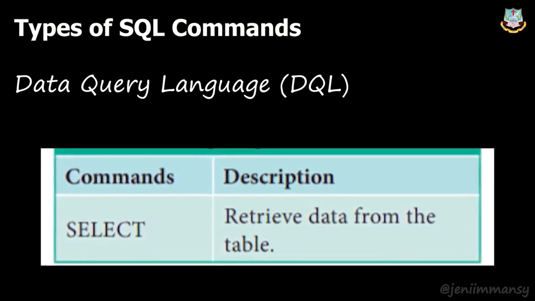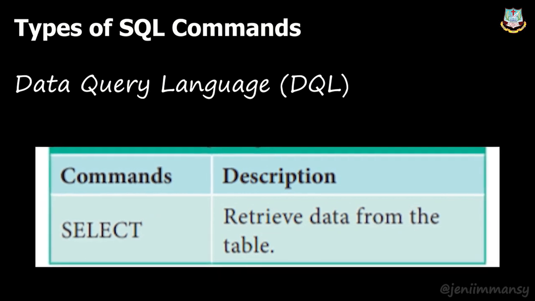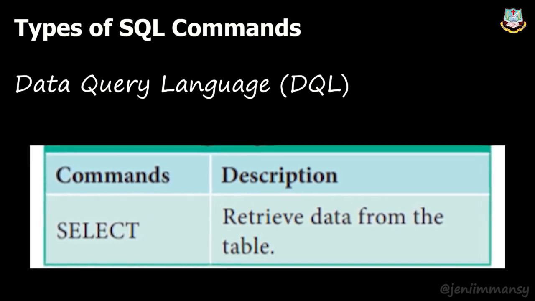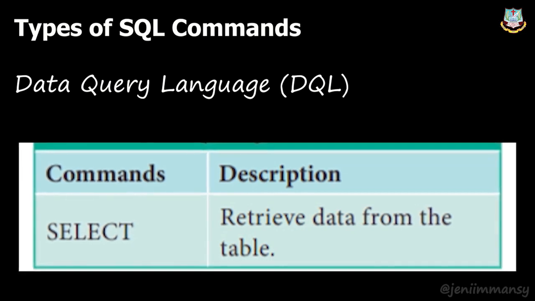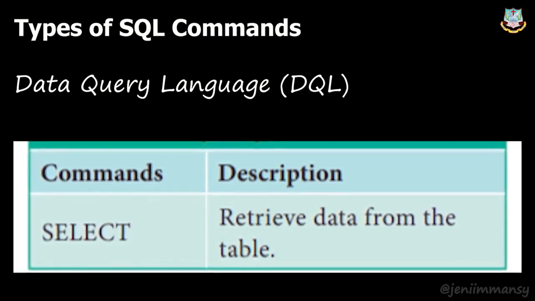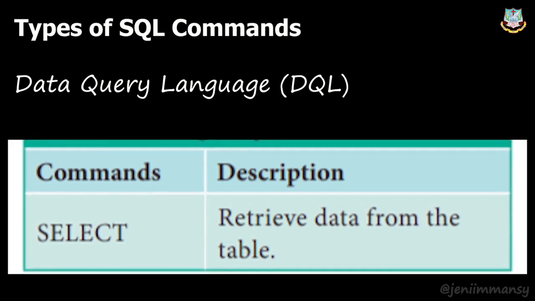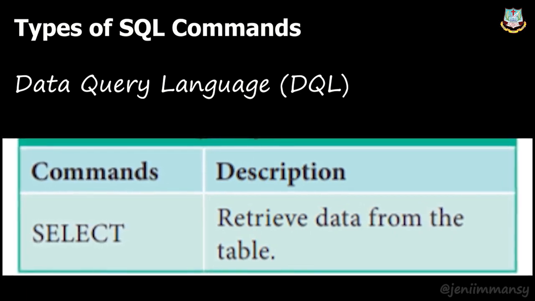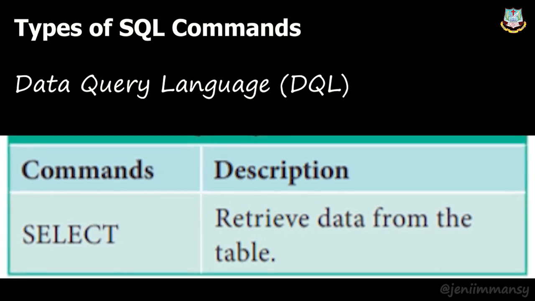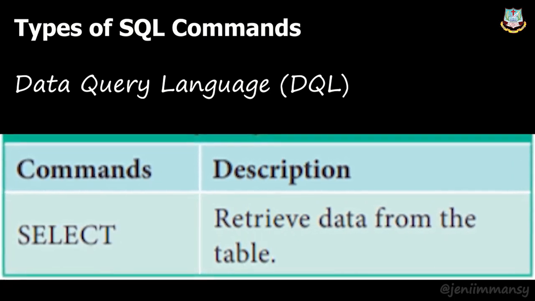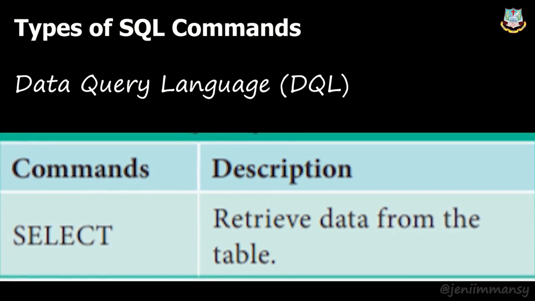That is the select command. Query means a doubt. If you have a doubt in one question, you take that question to your teacher, right? Likewise, with data query we select the data which you need, which you have the query about. So this query language will have the select command only.